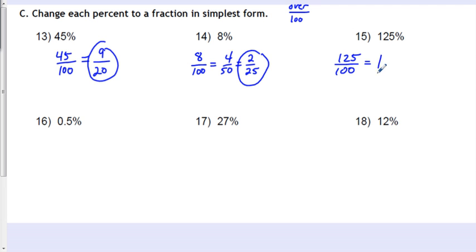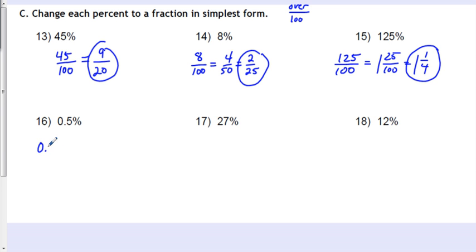And there are several ways or orders in which you could simplify this. 100 goes into 125 once with 25 left over. And 25 100ths simplifies to 1 1/4. What some people like to do is divide both of these by 25 first and get 5 over 4 and then simplify to 1 1/4.